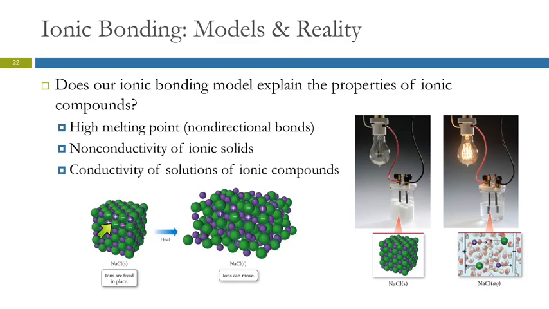So it takes a certain amount of energy to separate these. The higher the melting point, the more strongly those things are held together. And so because these bonds are non-directional, they're in all directions, they're going to be stronger than if they were not. We're going to talk a lot more about melting points and how that's affected. Right now, we're really just focusing on does it explain, and it does.